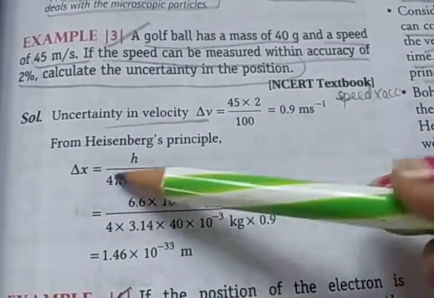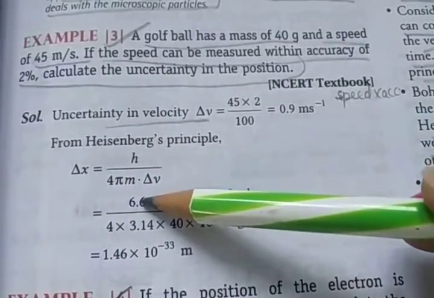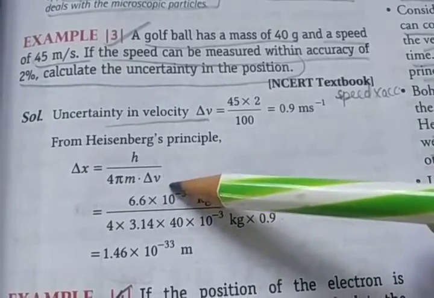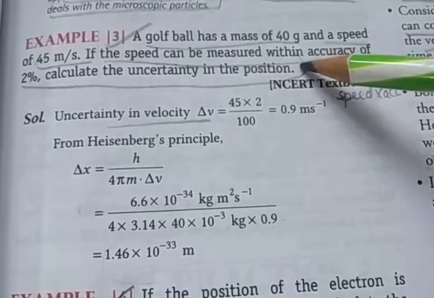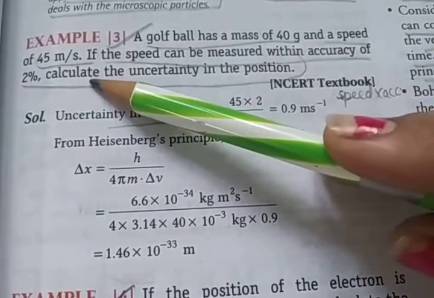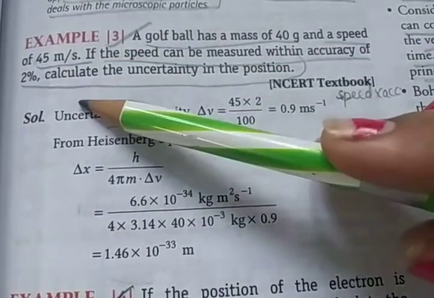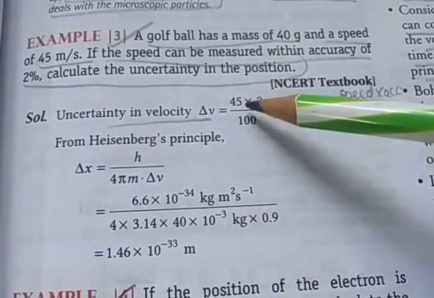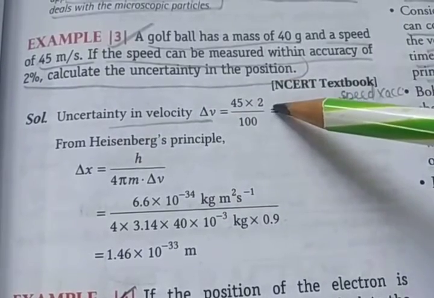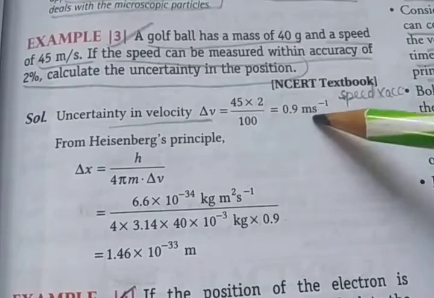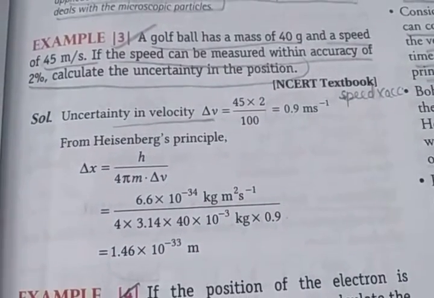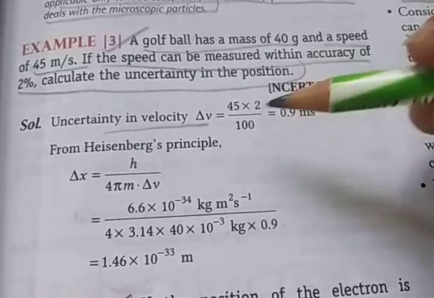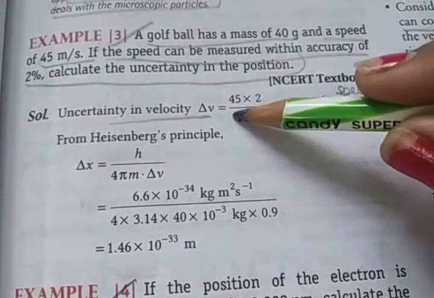From the Heisenberg principle, the formula is Δx = h/4πm·Δv. Here Δv we have to find: speed 45, 2% accuracy. So Δv = 45 × 2% = 0.9 meter per second. This is the speed multiplied by the accuracy, and represents the uncertainty in velocity.